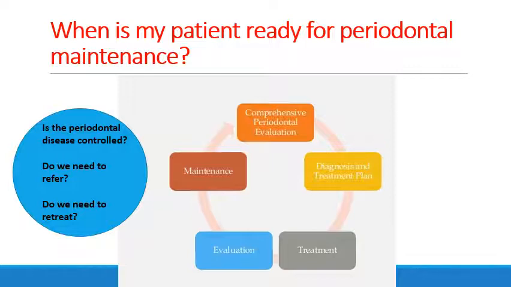Now, if you notice a generalized mouthful of bleeding or generalized inflammation still, that patient is not ready for periodontal maintenance. And you really need to have another chat with them and talk about retreating that area, or maybe that might be the time where you might need to refer the patient out to a periodontal office.